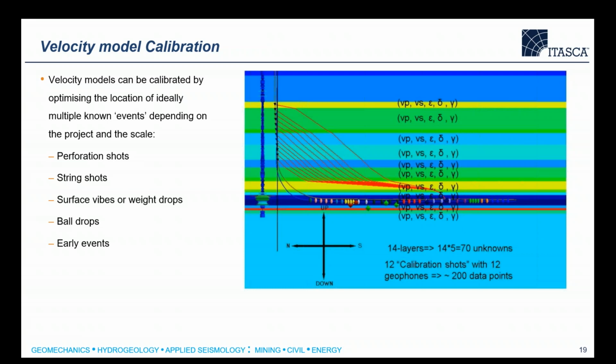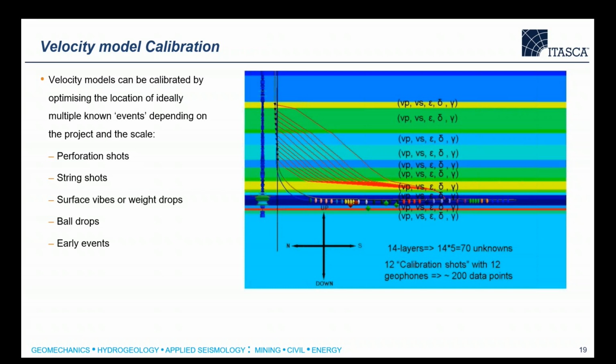So InSite has tools to calibrate layer models based on as many calibration shots as we have. Basically, what it does is optimize through all of the layers, for each of them, the velocity of the P wave, the velocity of the S wave, and the function parameters that characterize anisotropy in each of them.